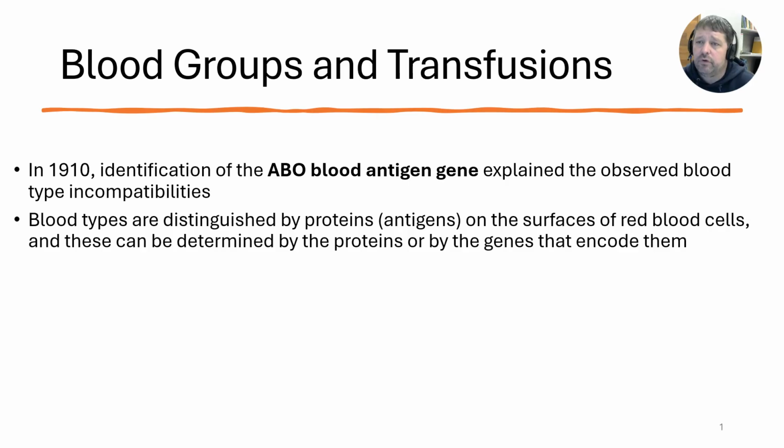Okay, so blood type is really just referring to the proteins that occur on the surface of the blood cells. These are called antigens. And the antigen will determine what reaction you might have. What determines what that antigen or protein is, is your genetic code.